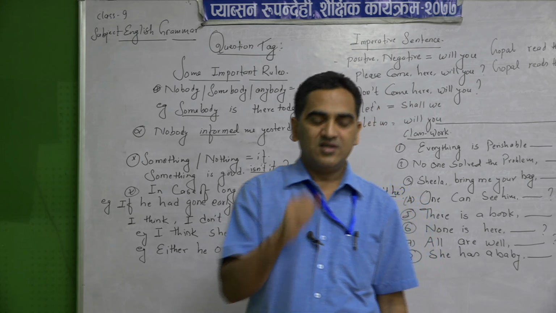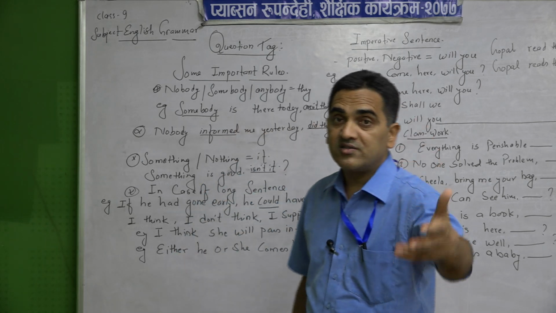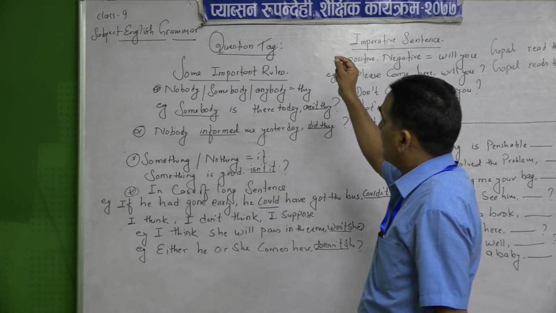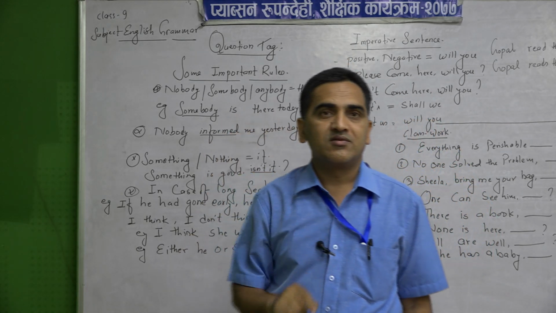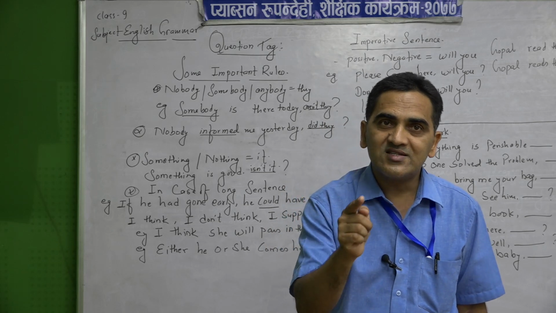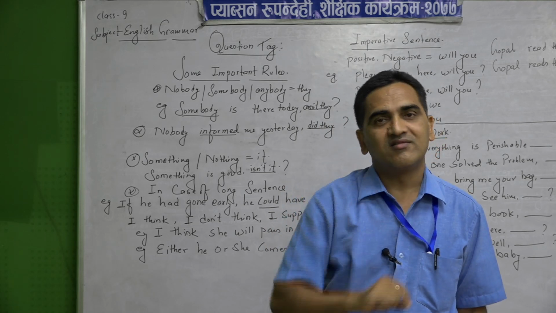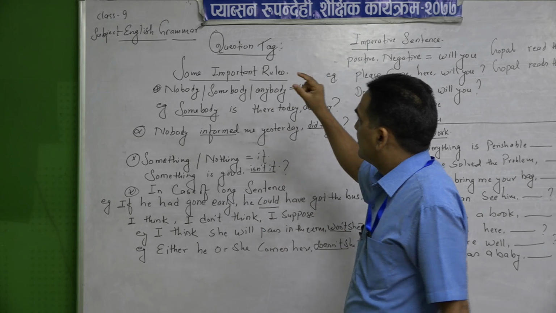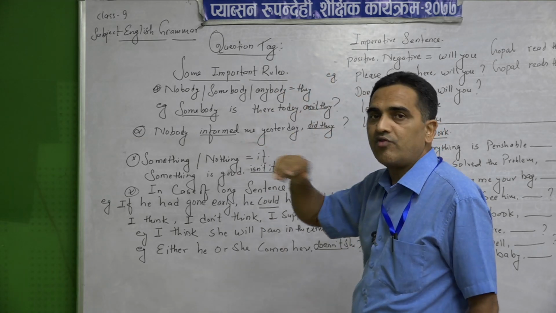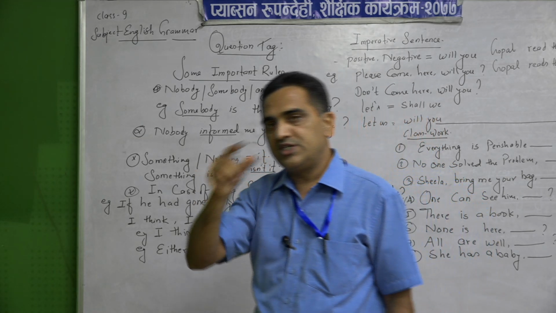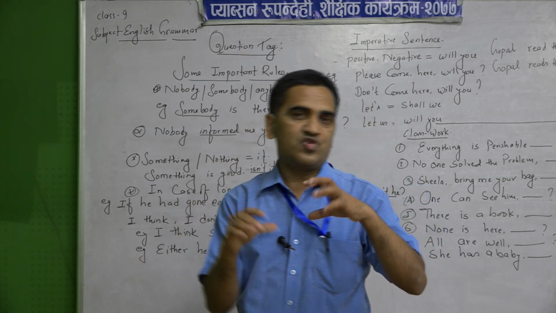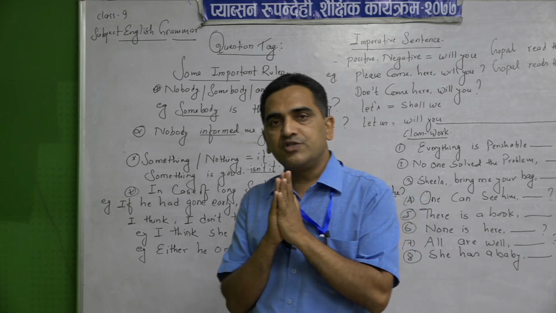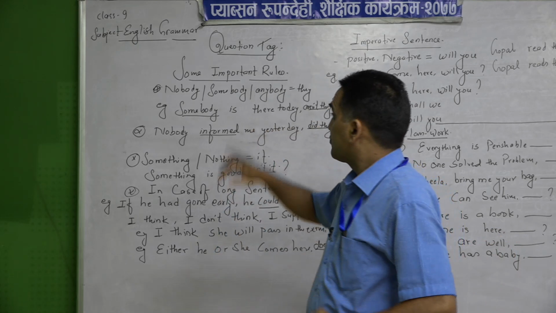Alright? So now let me revise some of the things. I told you question tag is also known as short question. According to the sentence we should write. Just like declarative sentence, imperative sentence, the question tag will be different. First duty is we have to see the statement.